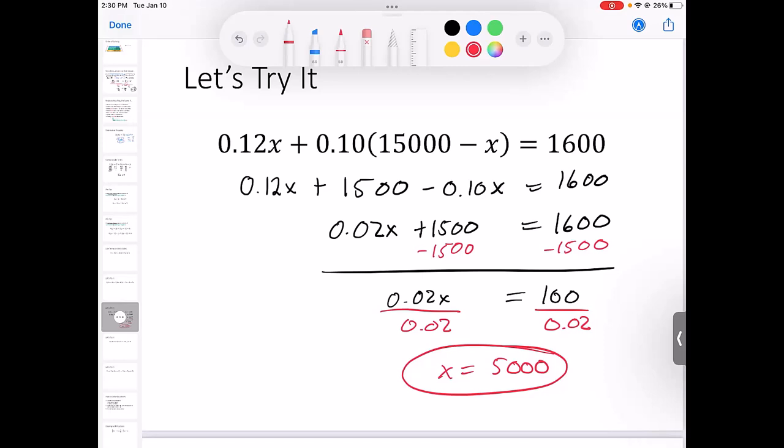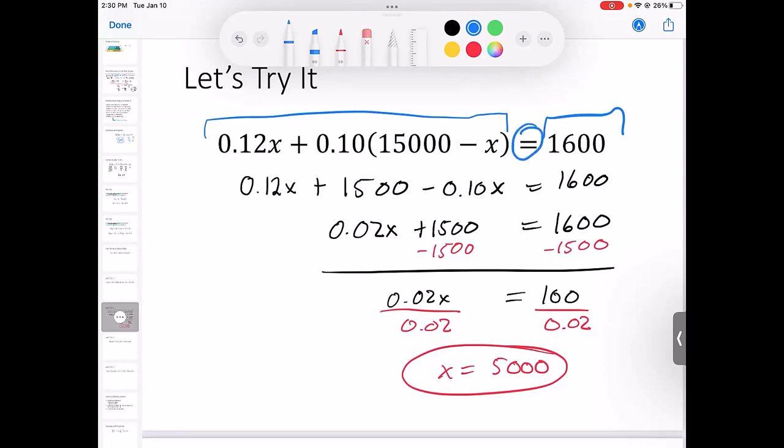All right. If you got the answer 5,000, go ahead and raise your hand so I can see. Nice, good job. To recap how we got that, we first simplified the left-hand side. Going back to the sentence structure for math sentences, we had two expressions and a relationship between them.